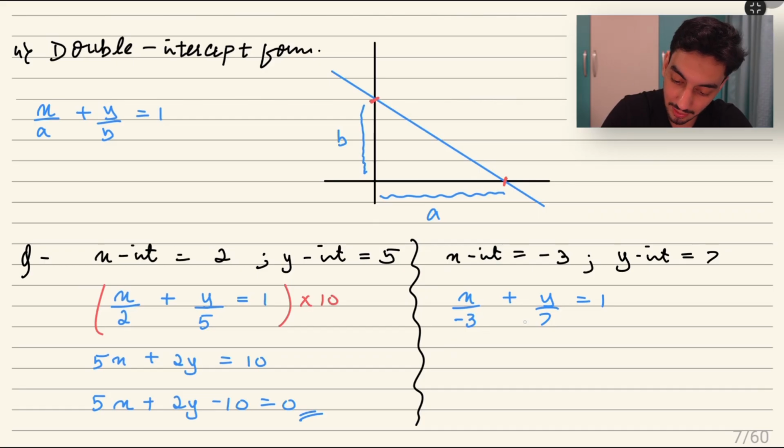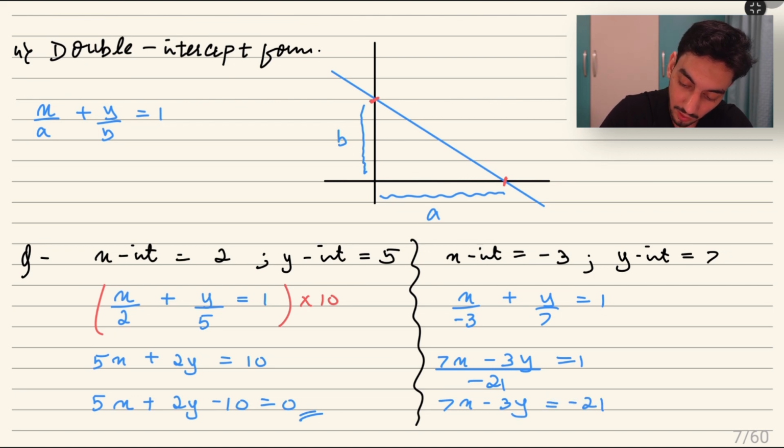So 7 times x is 7x, negative 3 times y is negative 3y, upon negative 3 times 7, which is negative 21, is equal to 1. Send the negative 21 to the other side. So 7x minus 3y is equal to negative 21, and I could also send the negative 21 to the other side so that it becomes positive, but I'll just not do it.